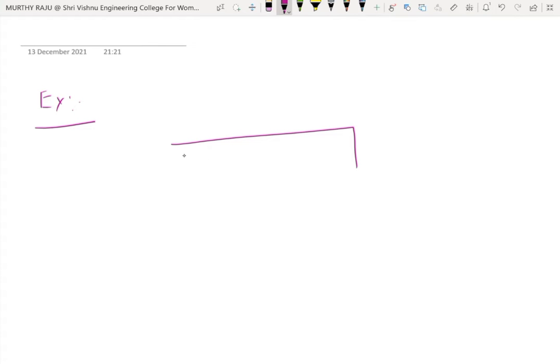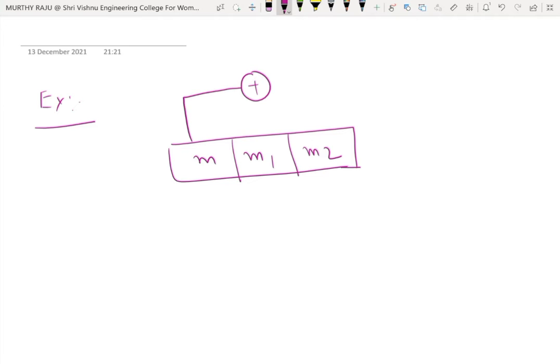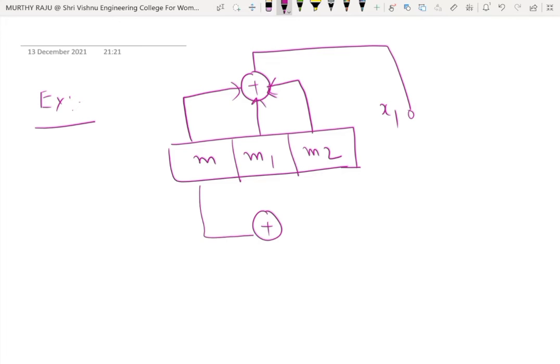See the convolutional encoder diagram. This one is m, the current message bit, m1 and m2, the previous two successive bits. Here is a modulo 2 adder with connections; this one is X1. The second one is the second modulo 2 adder. From the m bit, a connection goes to the second modulo 2 adder.